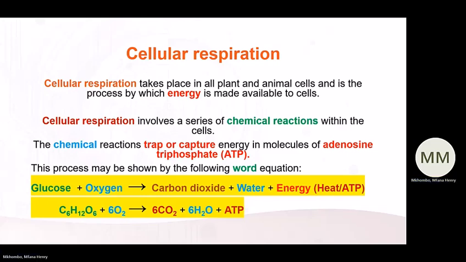This process may be shown by the following word equation: glucose plus oxygen results in carbon dioxide, which is CO2, water, plus energy. That energy can be in the form of heat or in the form of chemical ATP. That is what is done during cellular respiration.